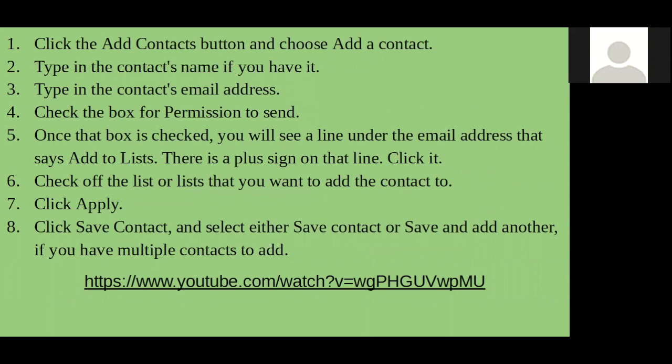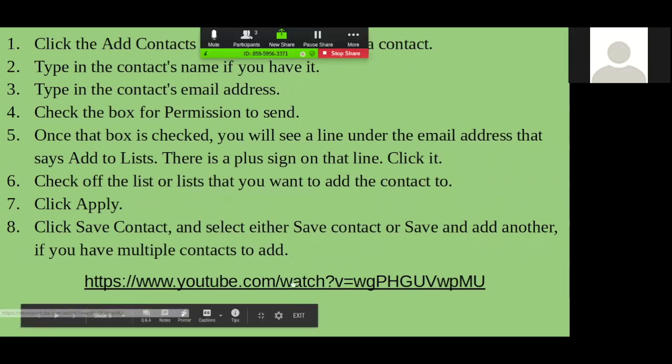There is a plus sign in that line. Click it. Check off the list or lists that you would want to add to the contact. Click Apply. Click Save Contact to select either Save Contact or Add another if you have multiple contacts to add. Here's another video about how to add a contact.